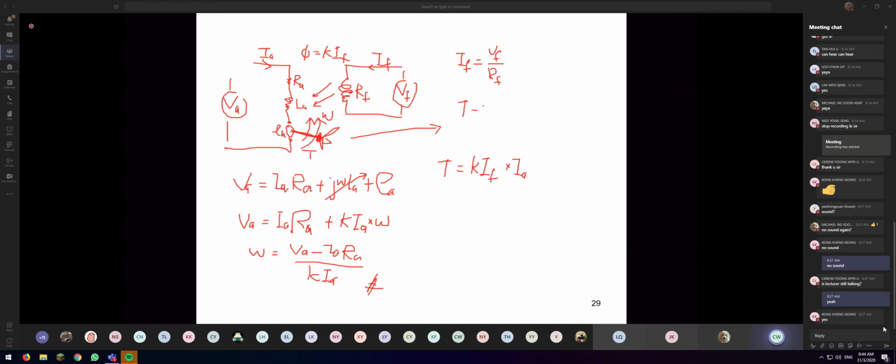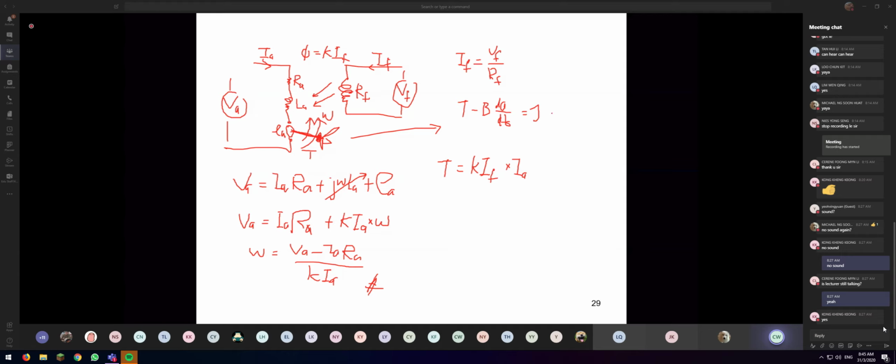For example, B is a damper, B d delta dt. Okay, this is the damper loss because you are connected to the bearing. So this is a bearing loss. Then if you are able to overcome the bearing loss, then you will generate the motion.